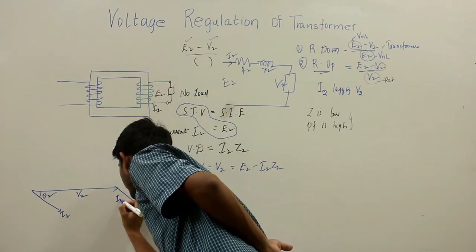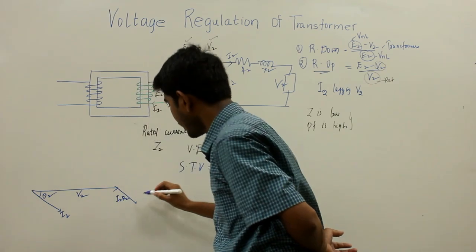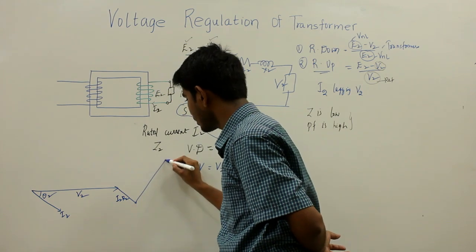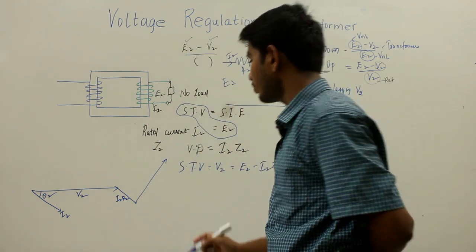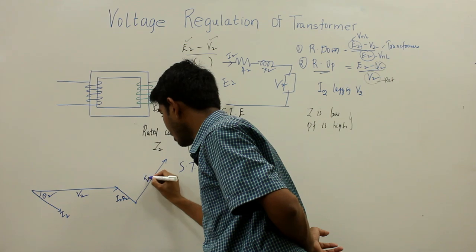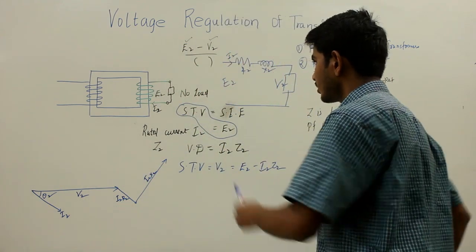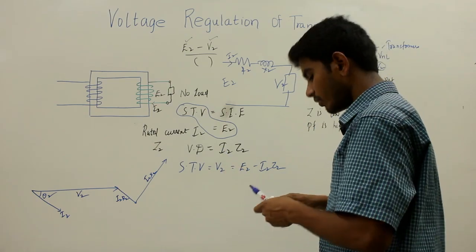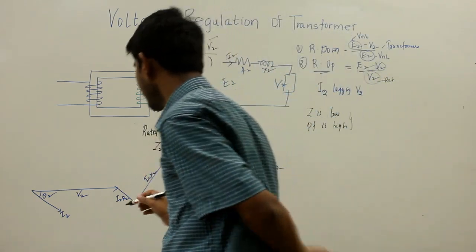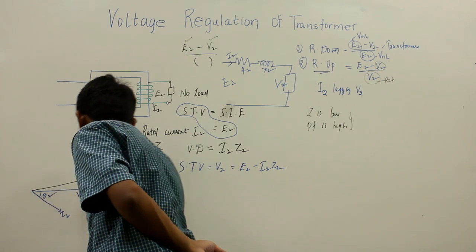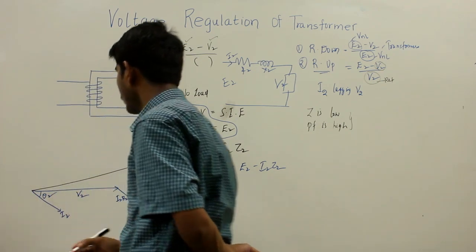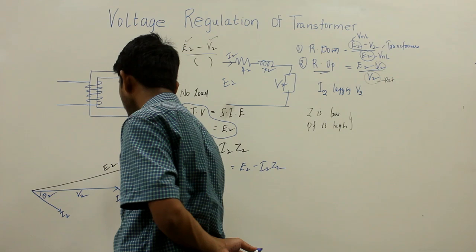This is I2 R2, and again I have the reactance drop, this is I2 X2. So your secondary no load voltage, or the secondary induced EMF, will be the phasor sum of all these quantities. This is your E2.